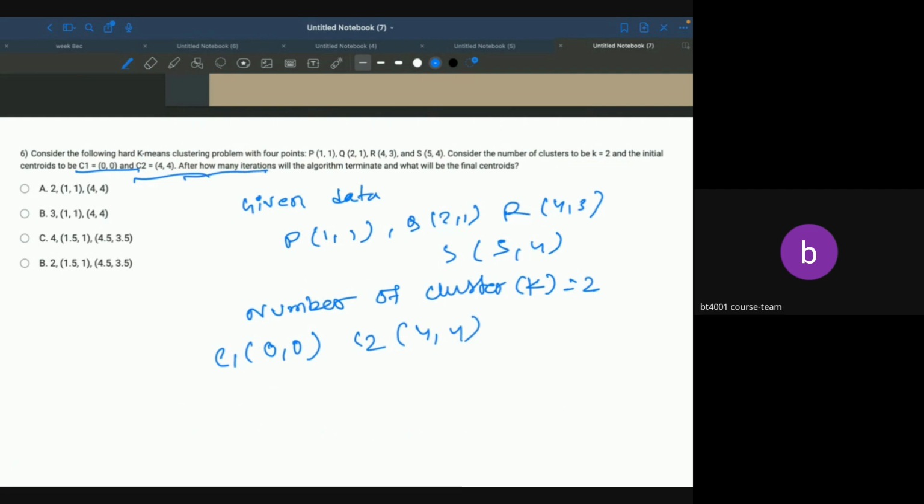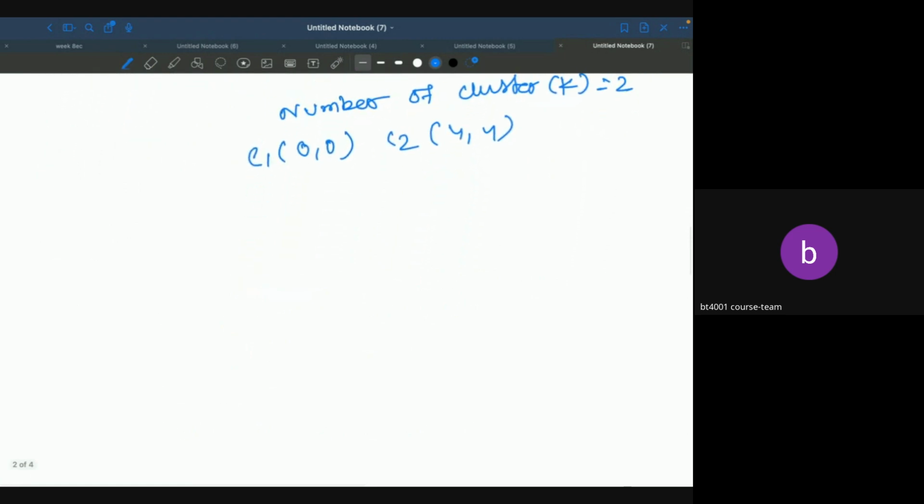After how many iterations will the algorithm terminate, and what will be the final centers? So you have to find two things: the number of iterations and the final centers. So let's see.